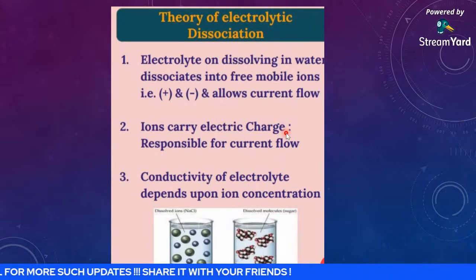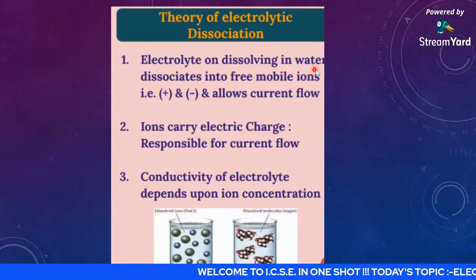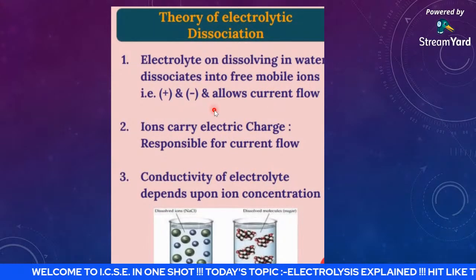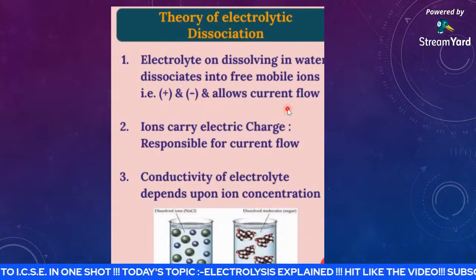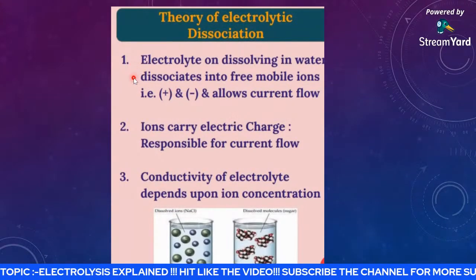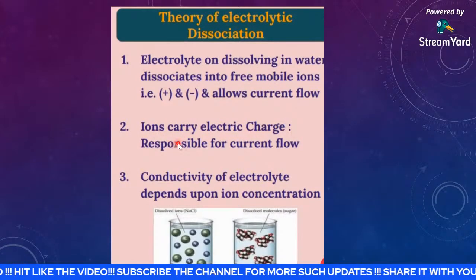Now, what is the theory of electrolytic dissociation? Remember, this is Arrhenius theory. An electrolyte on dissolving in water dissociates into free mobile ions, positive and negative, and thus they allow the current to flow. This is the first point. Secondly, ions carry electric charge.